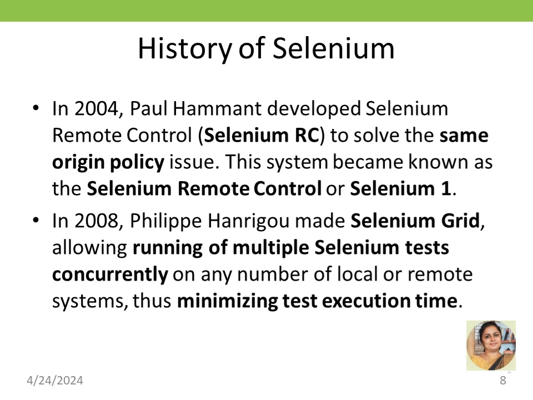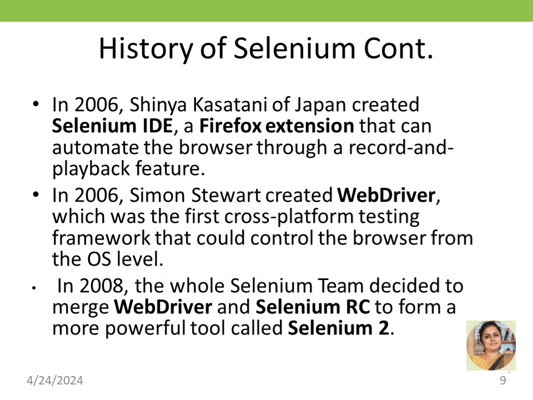History of Selenium. In 2004, Paul Hammond developed Selenium Remote Control to solve the same origin policy issue. This system became known as Selenium Remote Control or Selenium 1. In 2008, Philip Hendrikov made Selenium Grid, allowing multiple Selenium tests to run concurrently on any number of local or remote systems, thus minimizing test execution time.